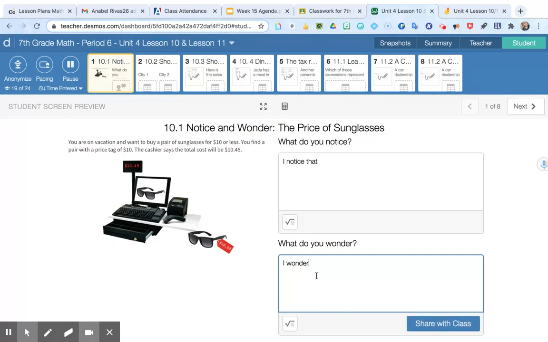So you're going to write, I wonder why. Tell me a question you have. I wonder why these don't match, or I wonder why something. So a question about the problem and something you notice about the problem. You can click share with the class when you finish writing your sentence, and then click next.